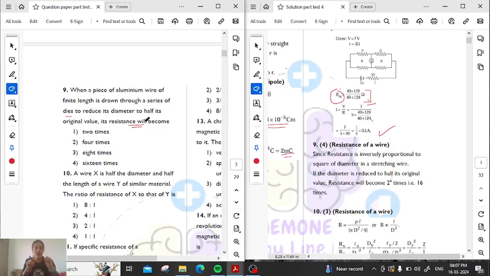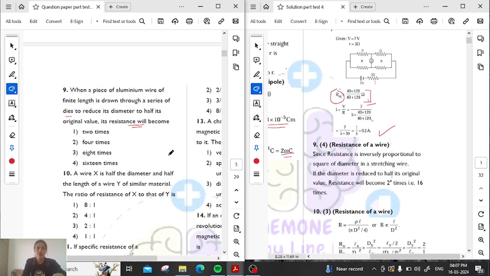So we have an aluminium wire of some finite length, we know its length, and it is drawn through a series of dies to reduce its diameter. If we reduce this value, it means we are thinning this wire. So if the diameter becomes half of its original value, what does the resistance become?